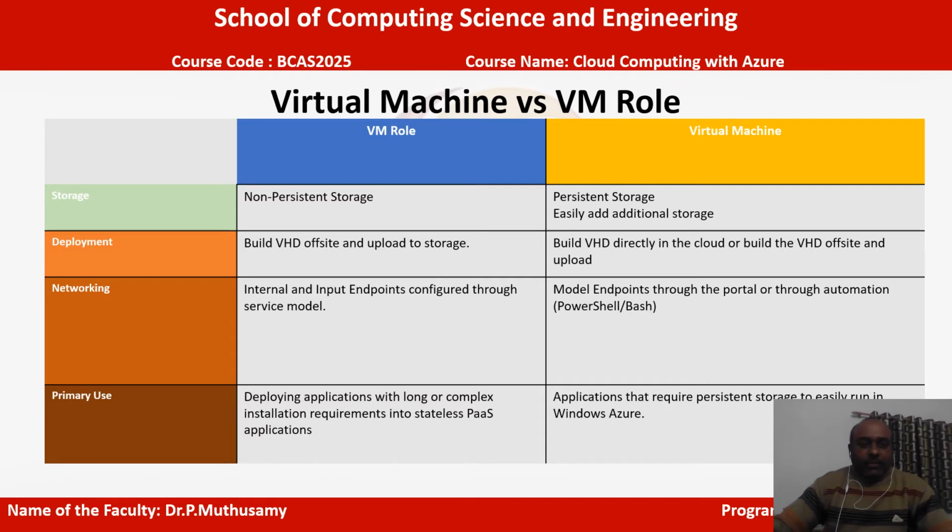Virtual machine, for example, in the first one, storage: non-persistent storage for a role, and persistent storage for virtual machines, usually with additional storage. Next one is deployment: build VHD offsite and upload to storage, or build VHD directly in the cloud.